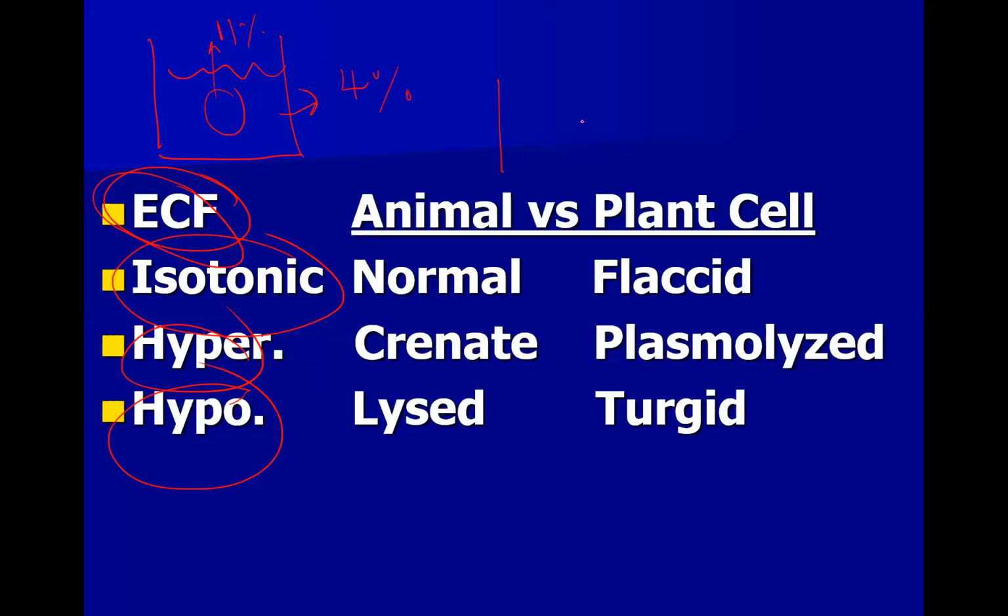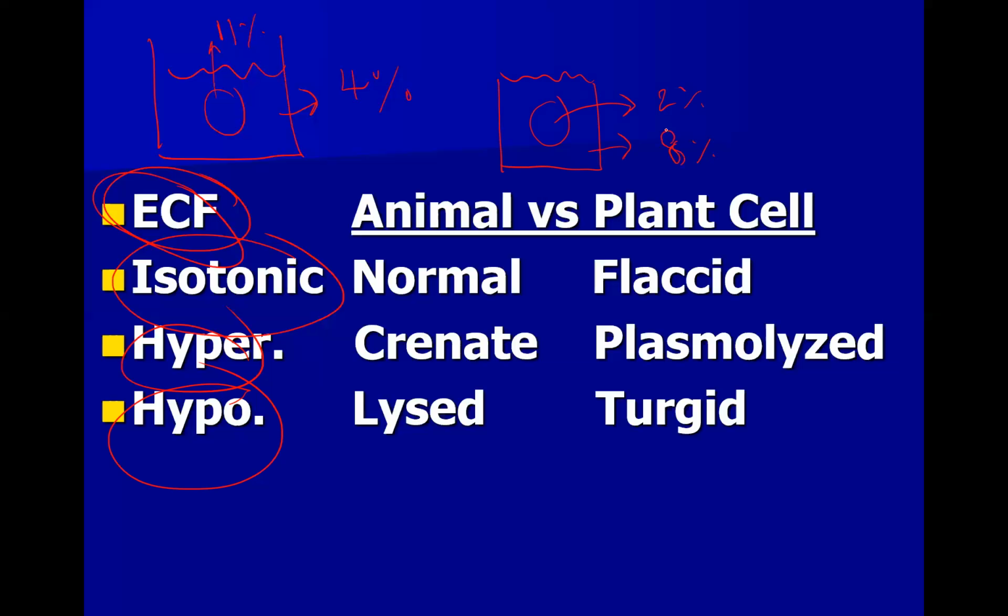So if we have a beaker and the cell is sitting in the beaker, and the solute concentration in the cell is, let's say, 2%, and outside the cell is 8%.